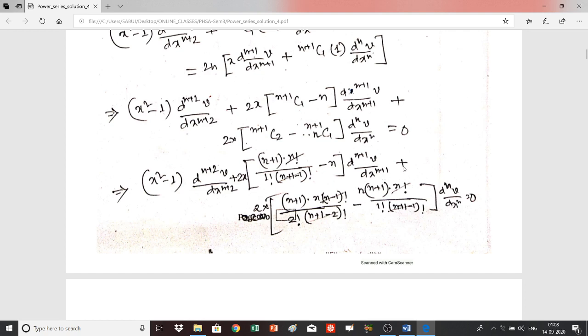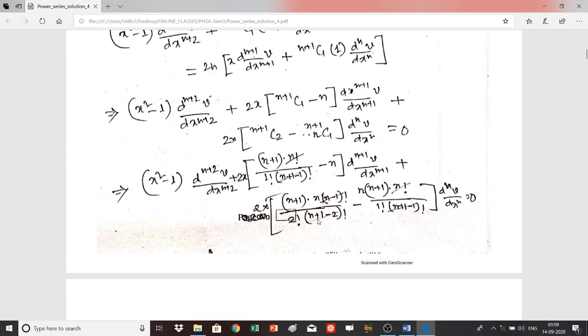Plus here 2 is here, and if you simplify this, you will have (n+1)!, and this (n+1)! can be written as (n+1) into the next term n, and the further next term is (n−1)!, and here 2! into (n+1−2)!.